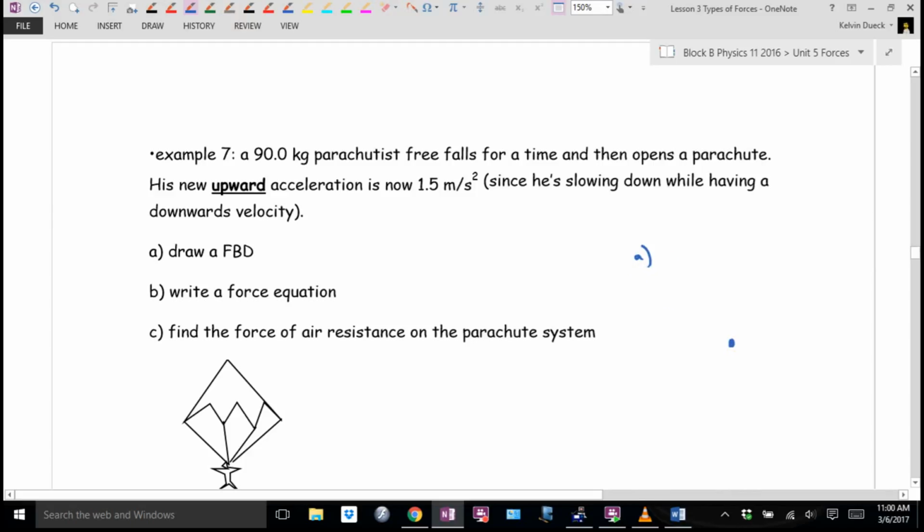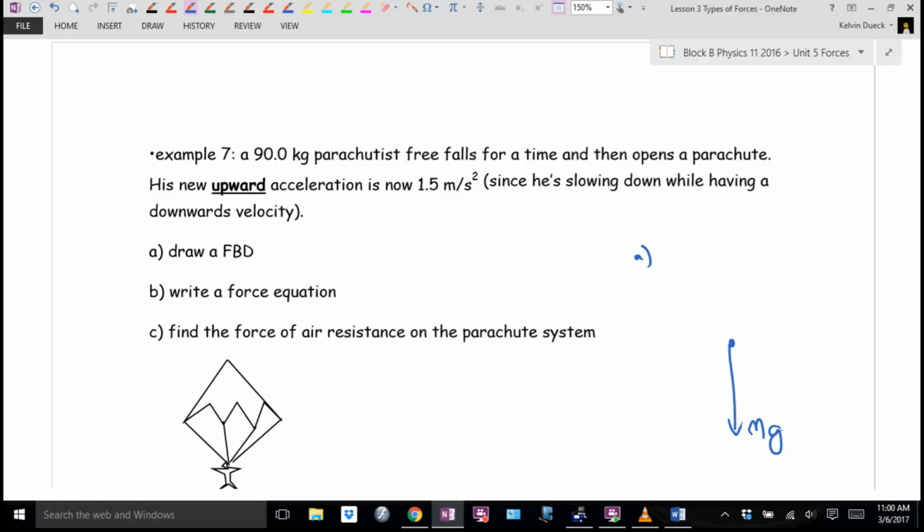Have I mentioned that I jumped out of a plane? What are the forces acting on this parachutist? Get the obvious one. I agree. What else? Air resistance. Which way? Upwards. Bigger, smaller, or the same size as mg? Let's see. What direction is this person accelerating?